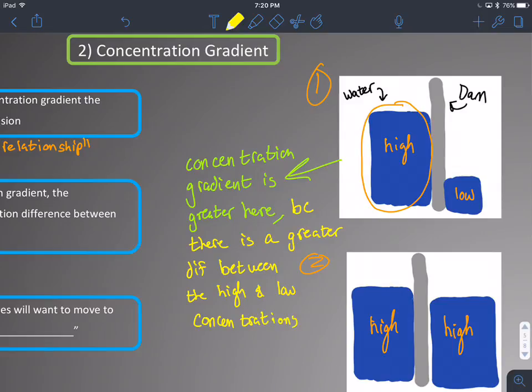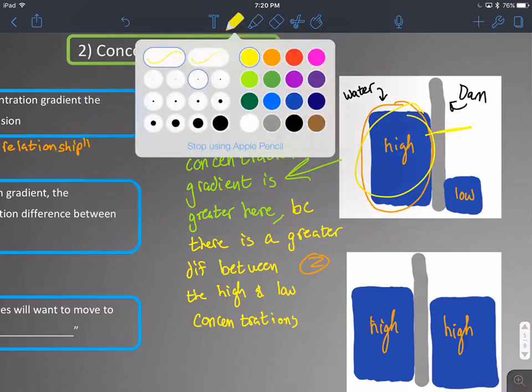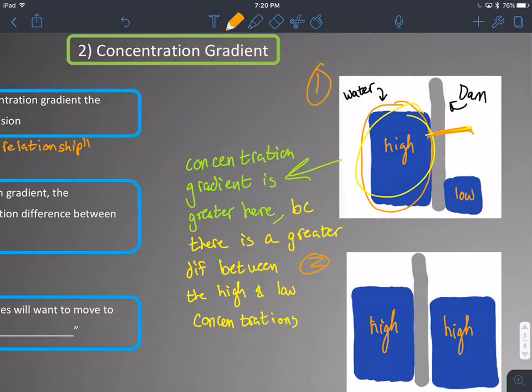You see here how we have the high concentration, right? It's naturally going to want to move over here to the right if this dam were to break. But down here, is this high concentration necessarily going to want to move if the dam breaks? Or is it going to move at all?